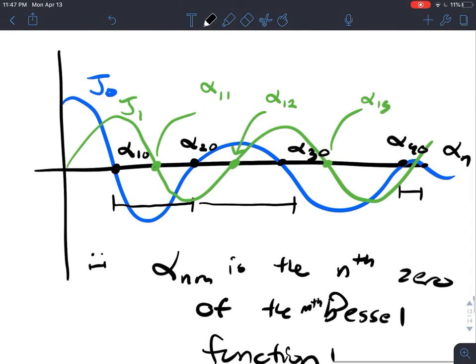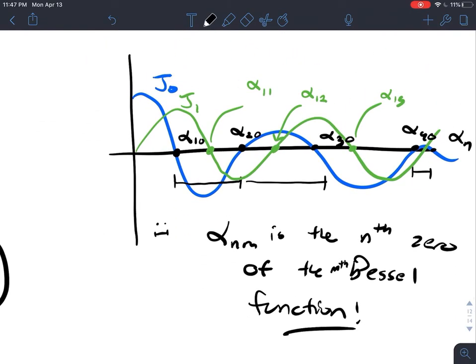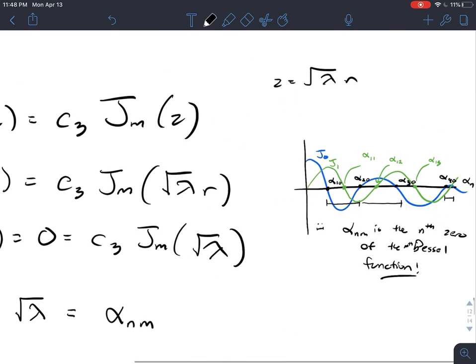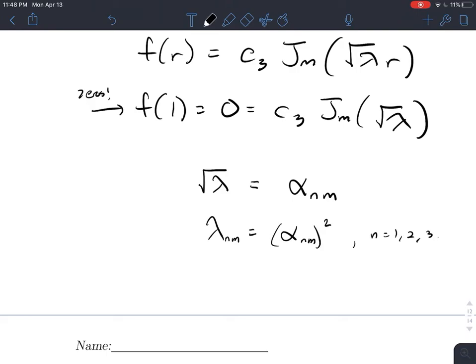Because let's quickly go over this again. I'm basically denoting the zeros of the Bessel function as alpha nm, where alpha nm is the nth zero of the mth order Bessel function. So this means that my lambda has a double dependence on nm, and that's equal to alpha nm squared, where n is equal to 1, 2, 3 to infinity.